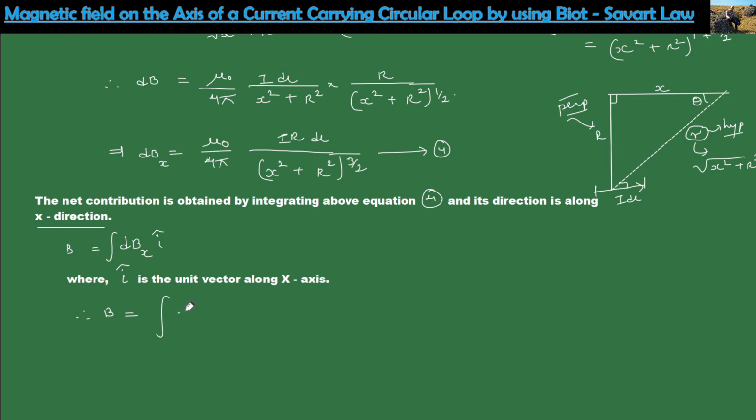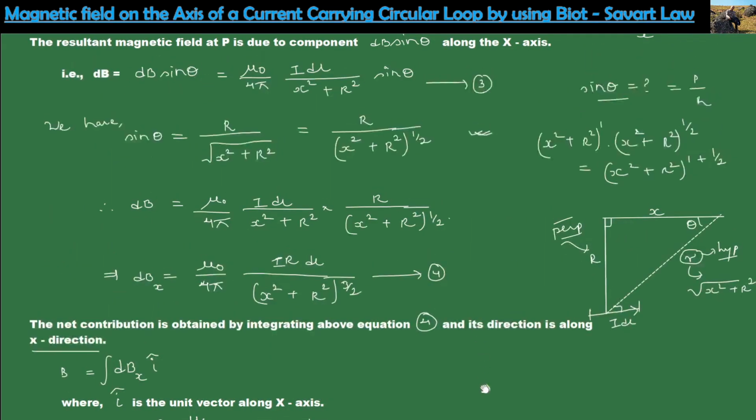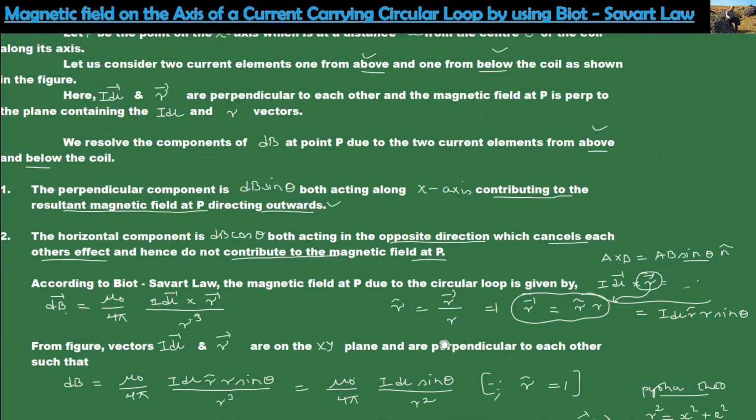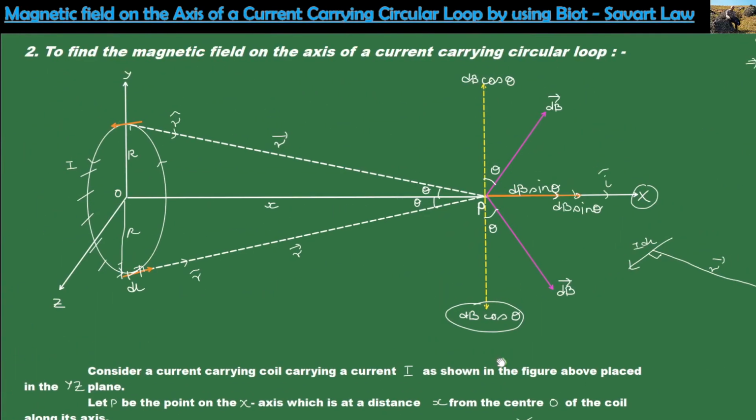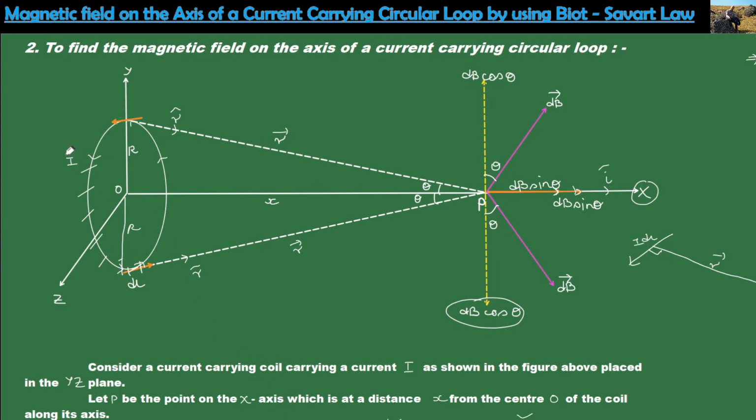equation 4, where you put mu naught divided by 4 pi, I r dl divided by x square plus r square to the power 3 by 2. But when you look at the figure, mu naught, 4 pi, the current I, the radius r, and even the value of x for point P are all constant.